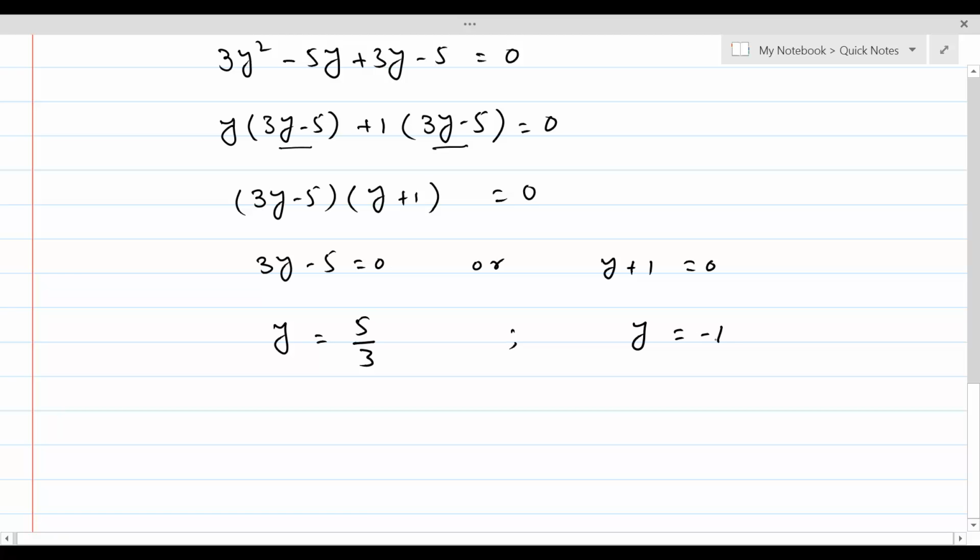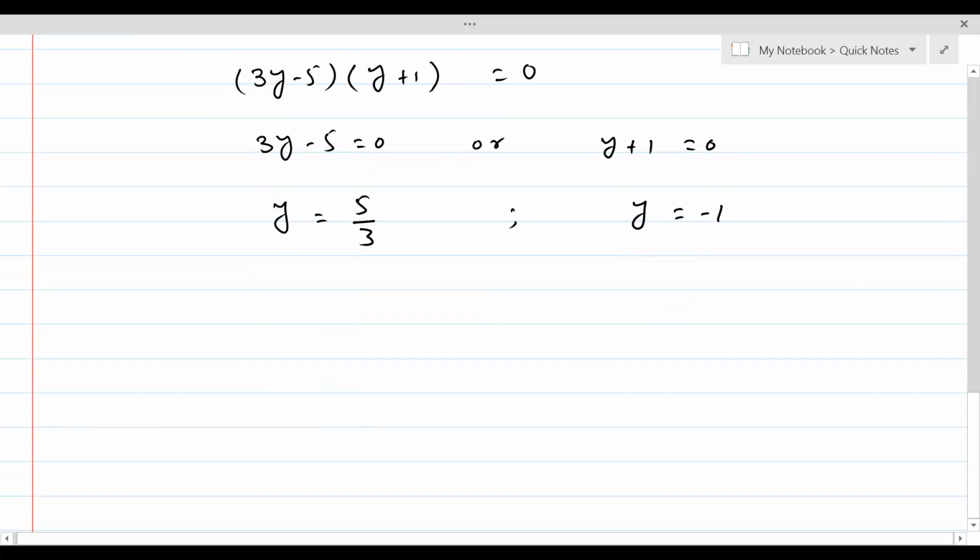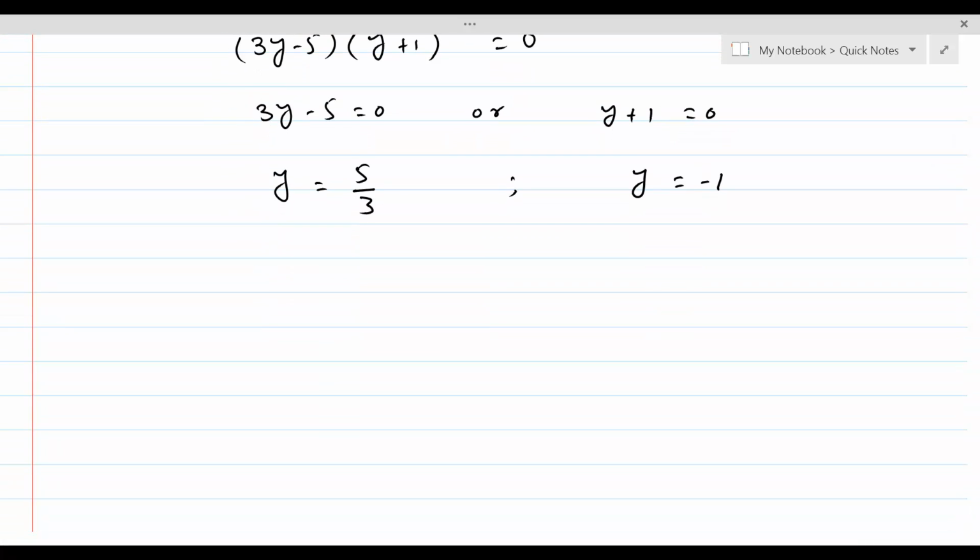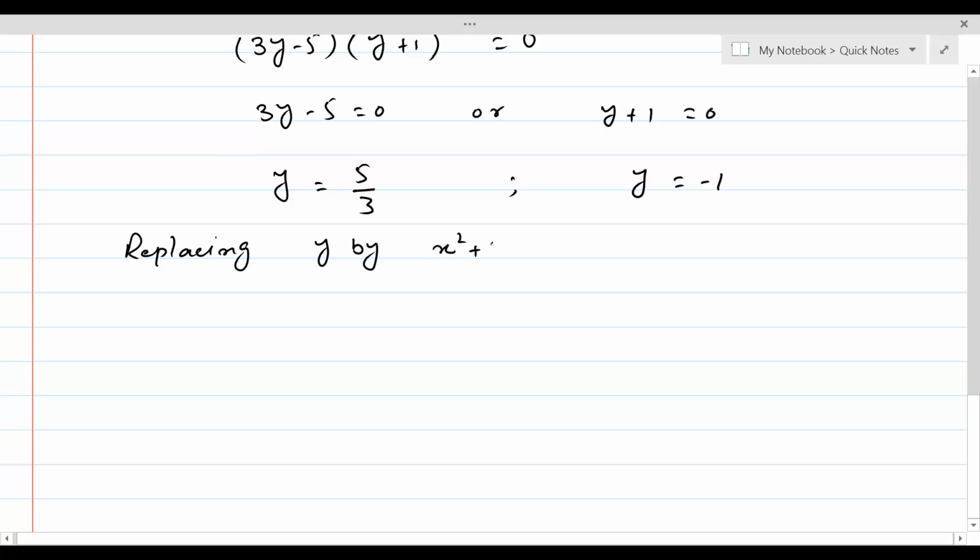Let us not forget originally what y was equal to. Basically, y was equal to the square root of x squared plus 5x plus 1, so replacing y by the square root of x squared plus 5x plus 1.